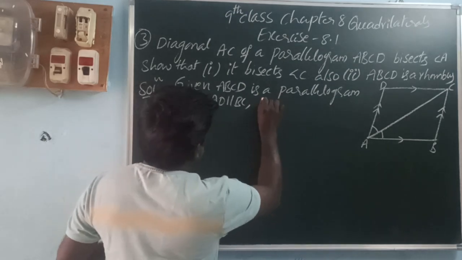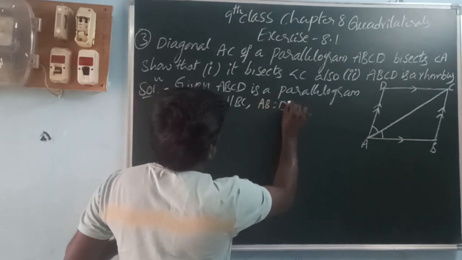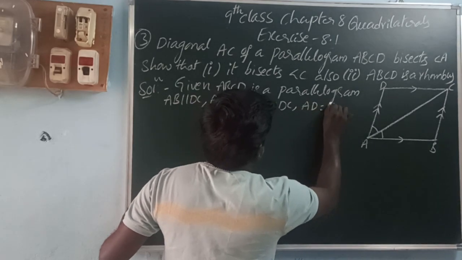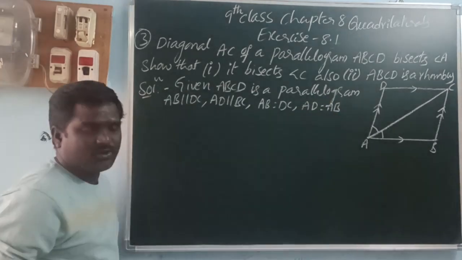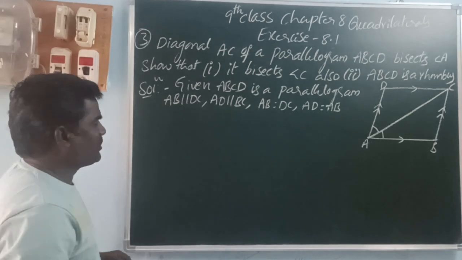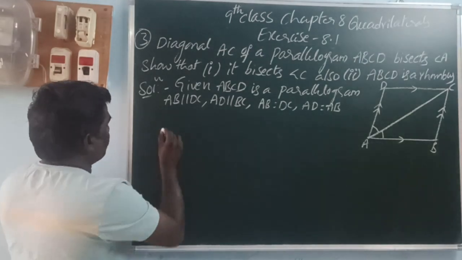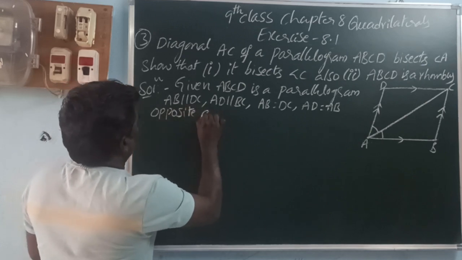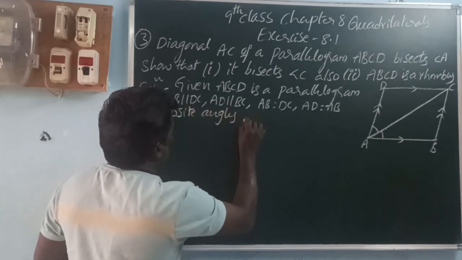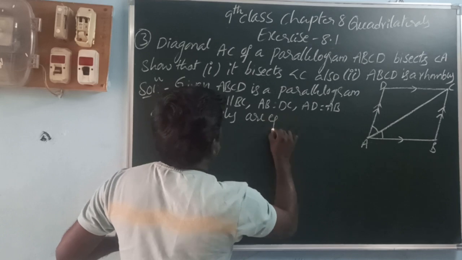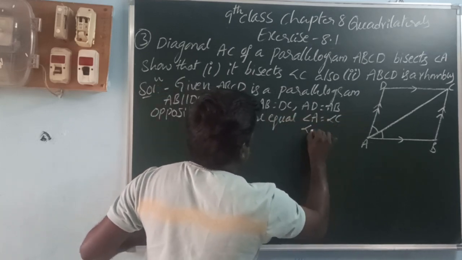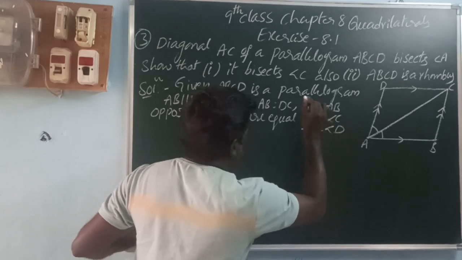Next, AB is equal to DC, and AD is equal to BC. Next, opposite angles are equal. So angle A is equal to angle C and angle B is equal to angle D.